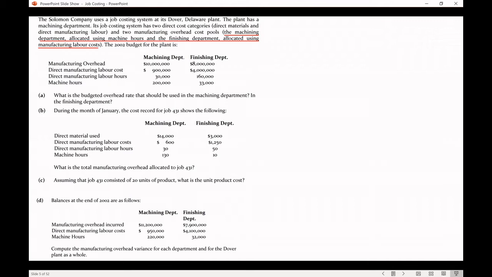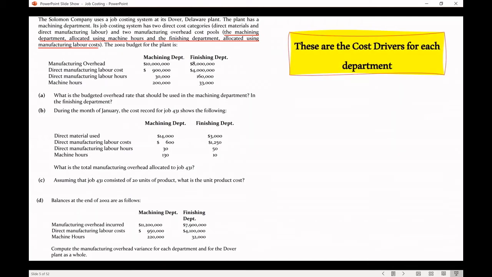We should get something from this statement. And what exactly is that? We're saying that these are the cost drivers for each department. The manufacturing overhead cost is based on the totals in the machining department and the finishing department together.